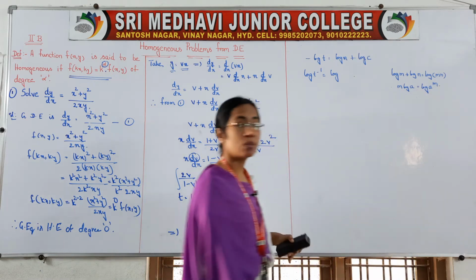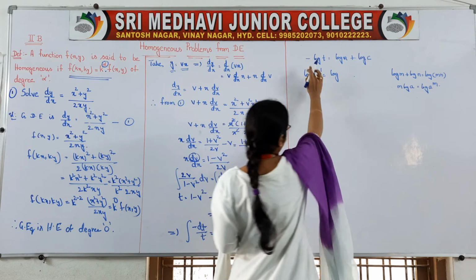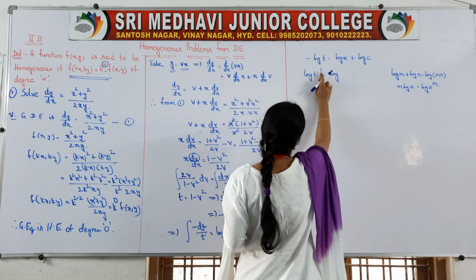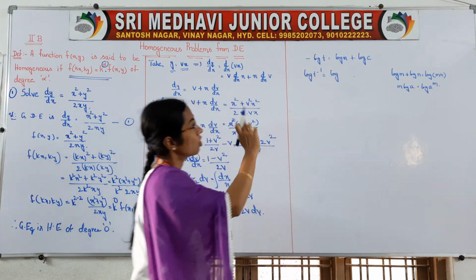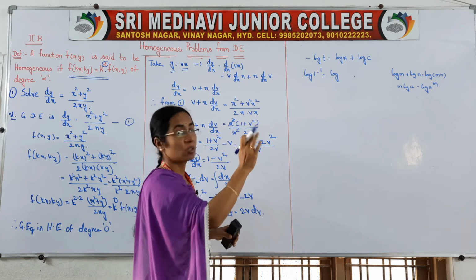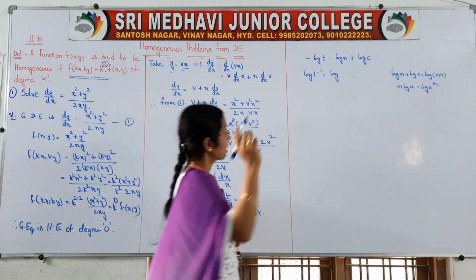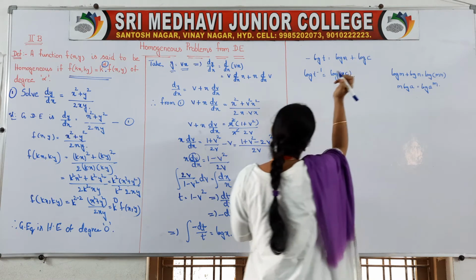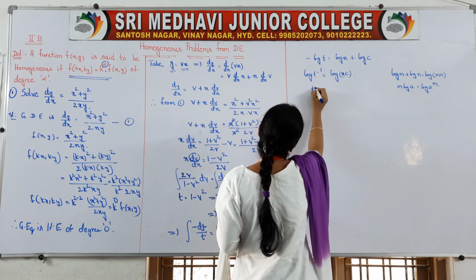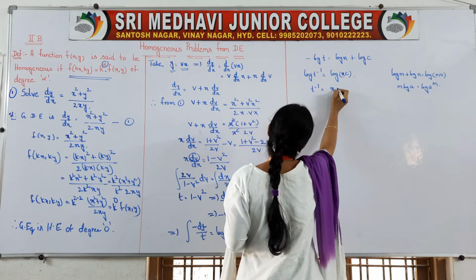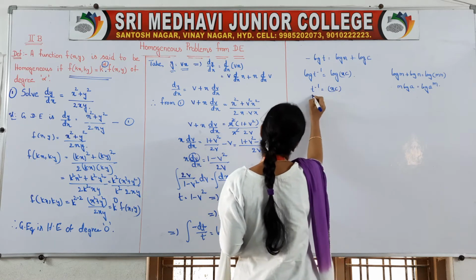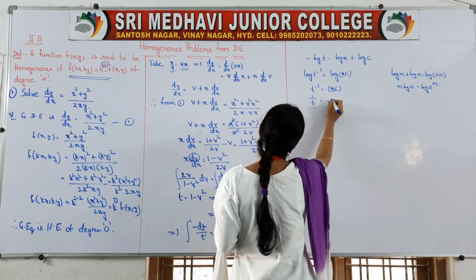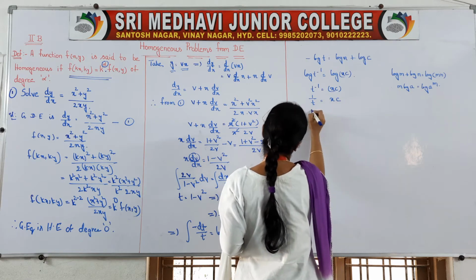These formulas we used. Next, log m plus log n is equal to log m into n, so it is log of x into c. Log cancels. t to the power of minus 1 is equal to xc. So 1 by t is equal to xc.